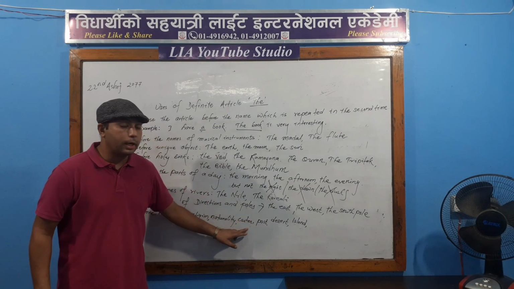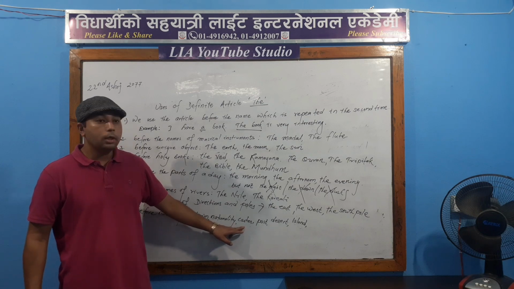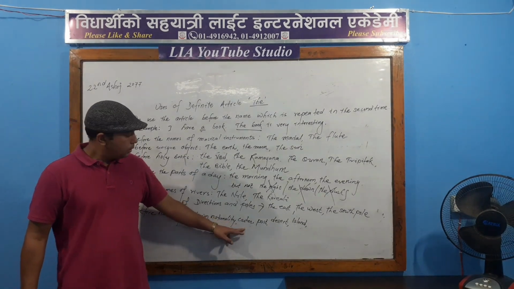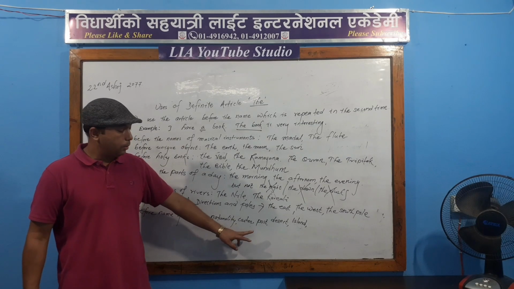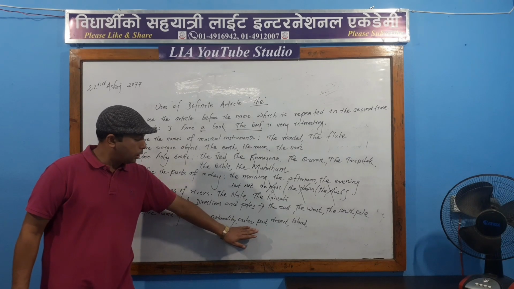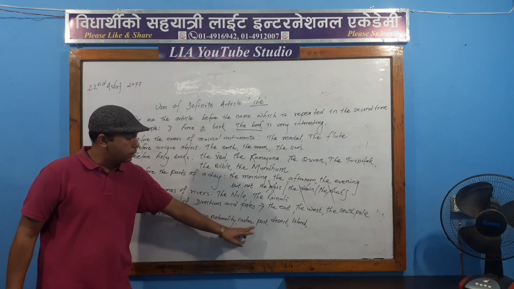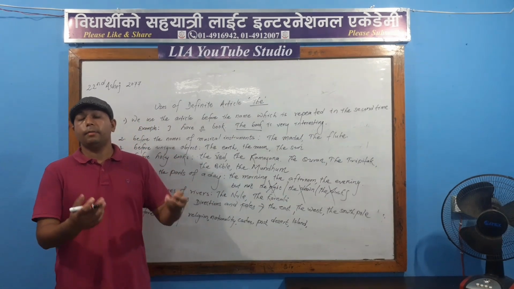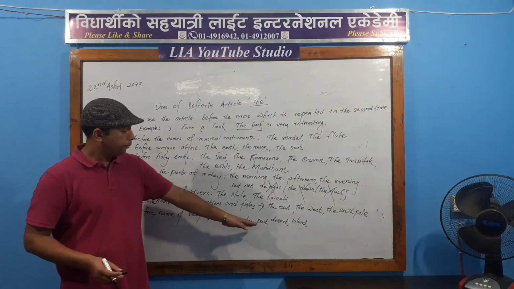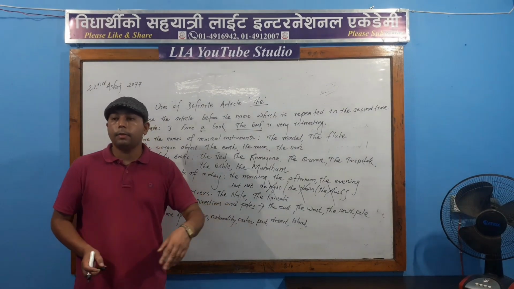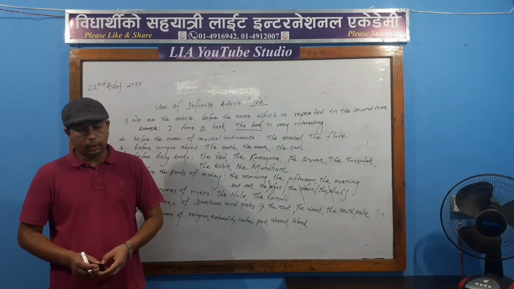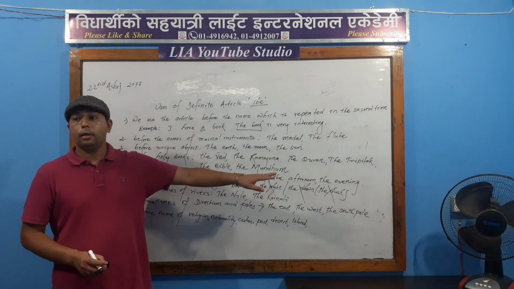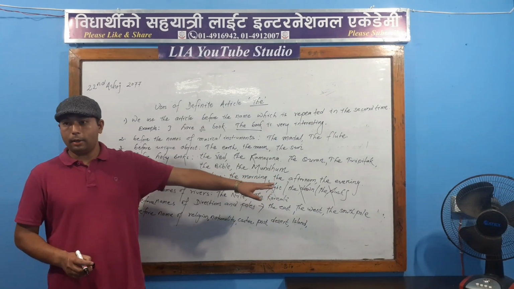Caste, such as the Newars, the Kshetris, the Brahmins. Post and position, like the principal, the prime minister, the president. Similarly, name of desert. Okay, we don't have desert in Nepal, but we know the Sahara, the Gobi, the Thar.